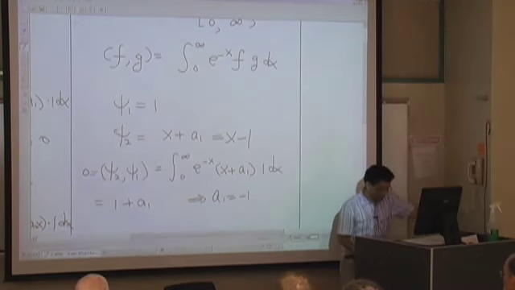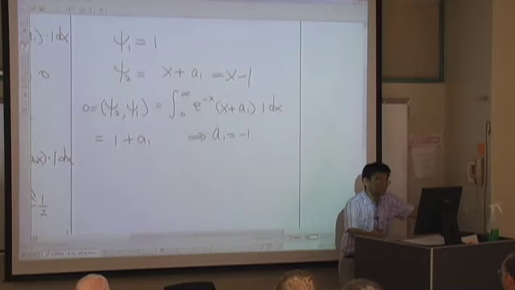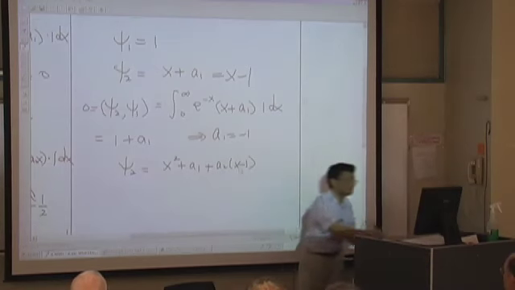The next one is psi 3. Psi 3 is x squared plus a1 times 1 plus a2 times x minus 1, right?